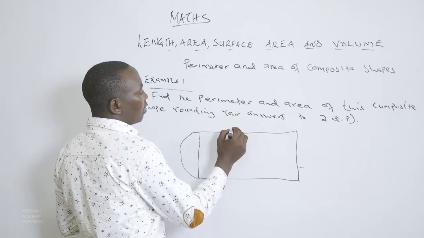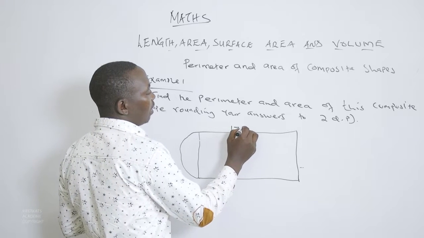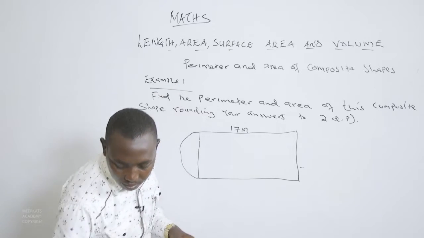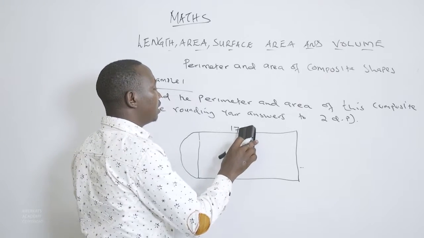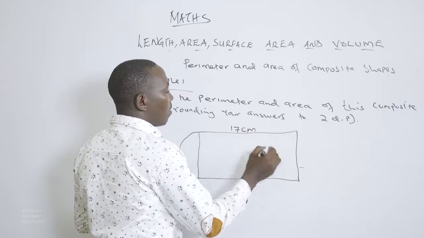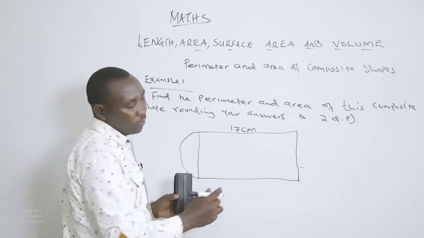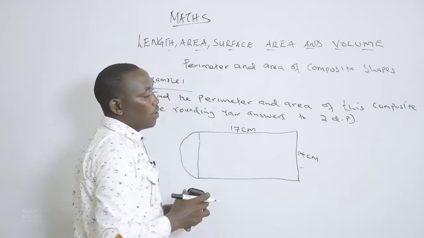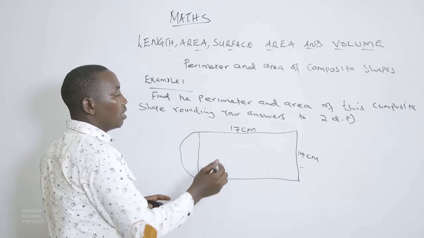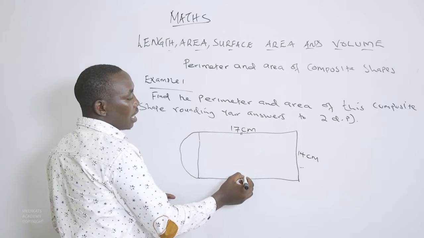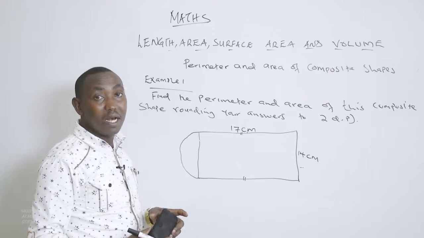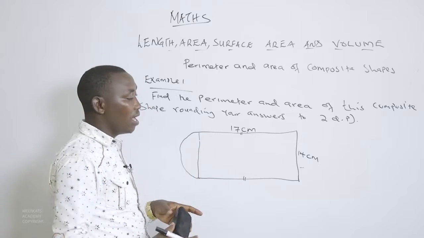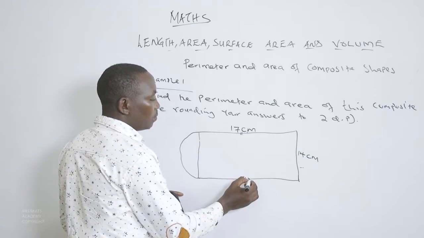We are told that the length of this rectangular part is 17 centimeters. The width is 14 centimeters. And we understand that for a rectangle, two opposite sides are always parallel and equal. So this side and this side are parallel and therefore equal.